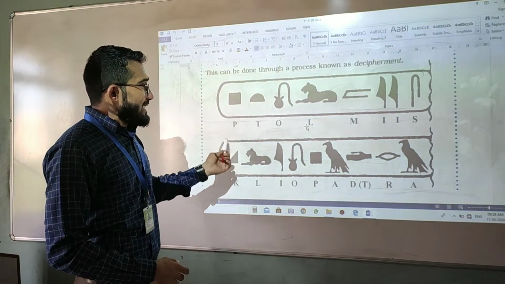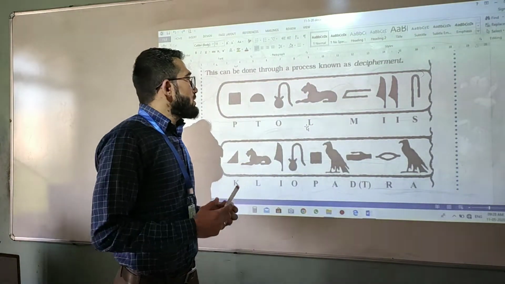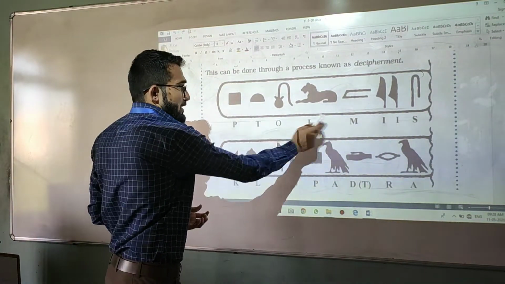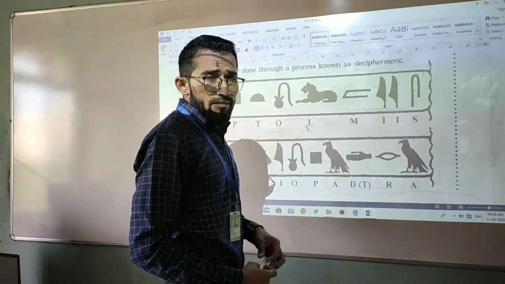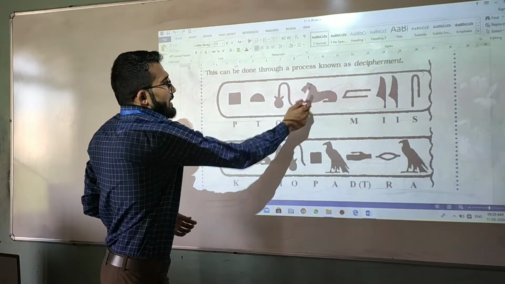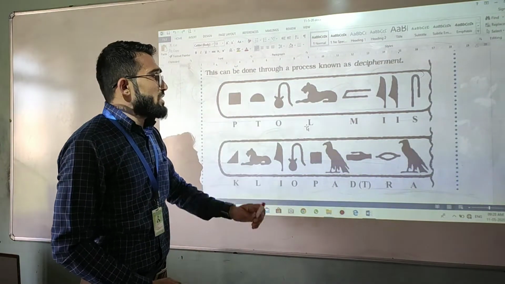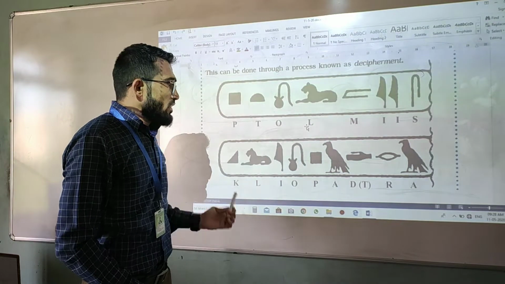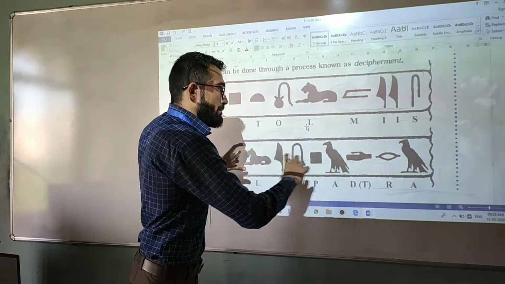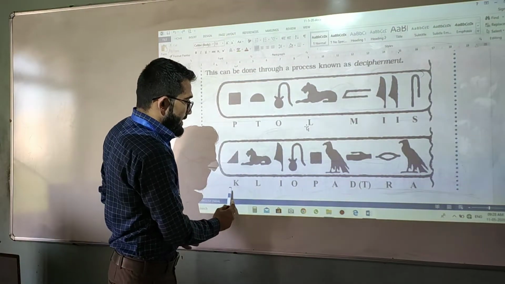Now here you can see some of the script or some of the graphics or images have different alphabets they stand for. Here you can see this alphabet, this picture stands for L. So scholars try to arrange such things in a particular order and they write such things.